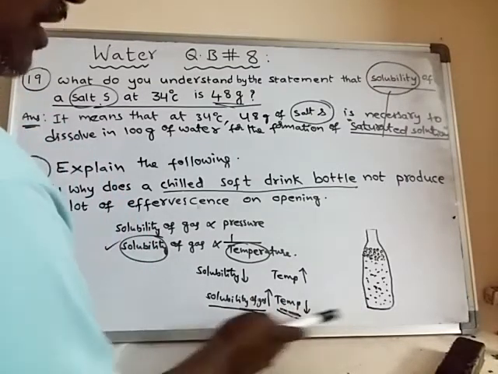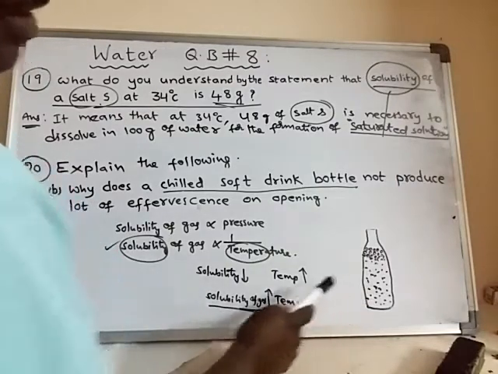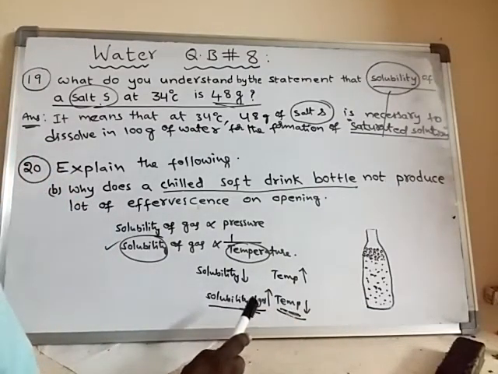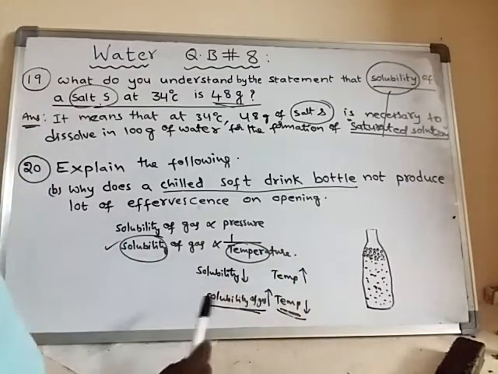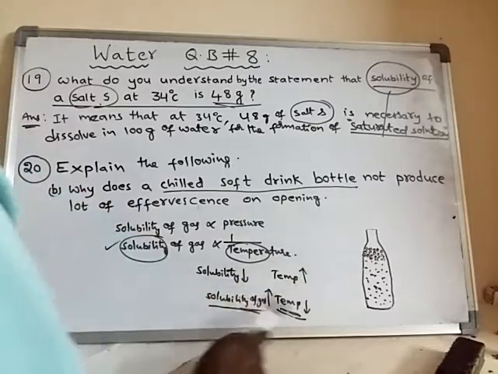Because when temperature is low, solubility will be high. So more carbon dioxide will try to be in the dissolved state rather than the undissolved form. Thus, it does not produce a large amount of effervescence.